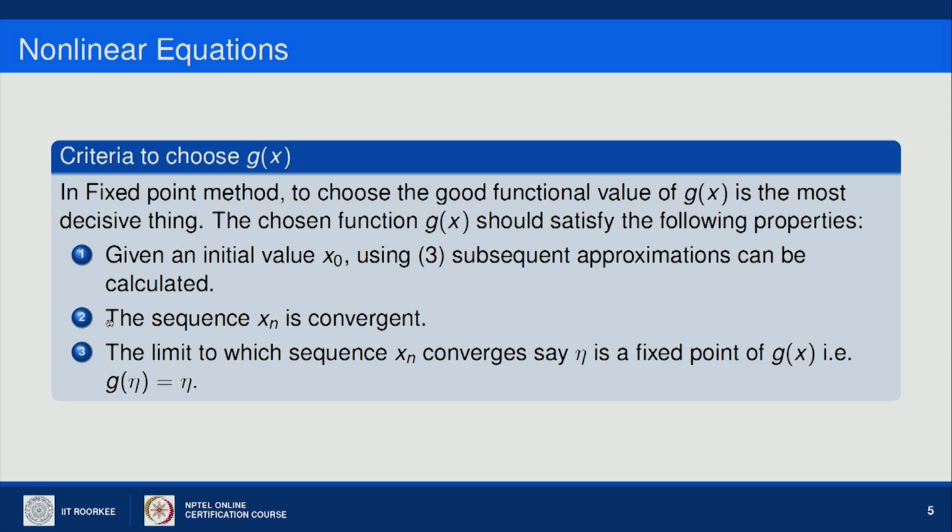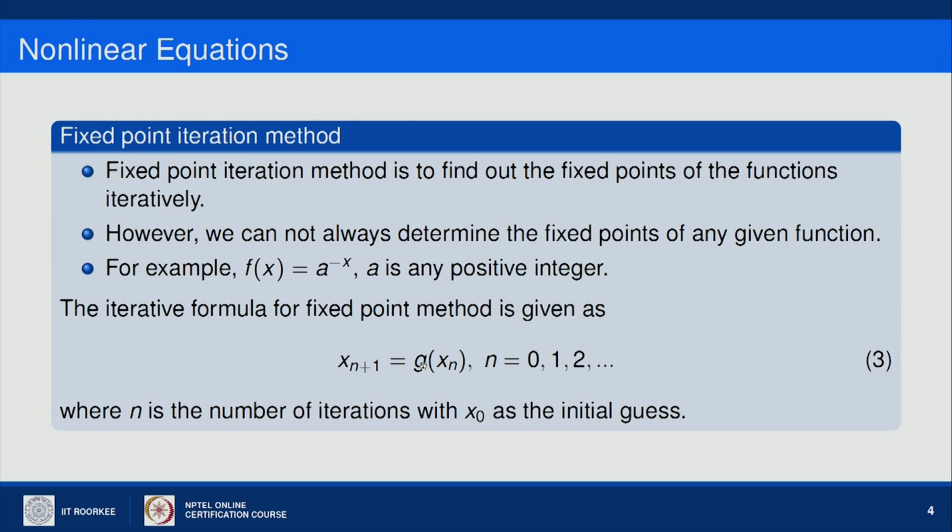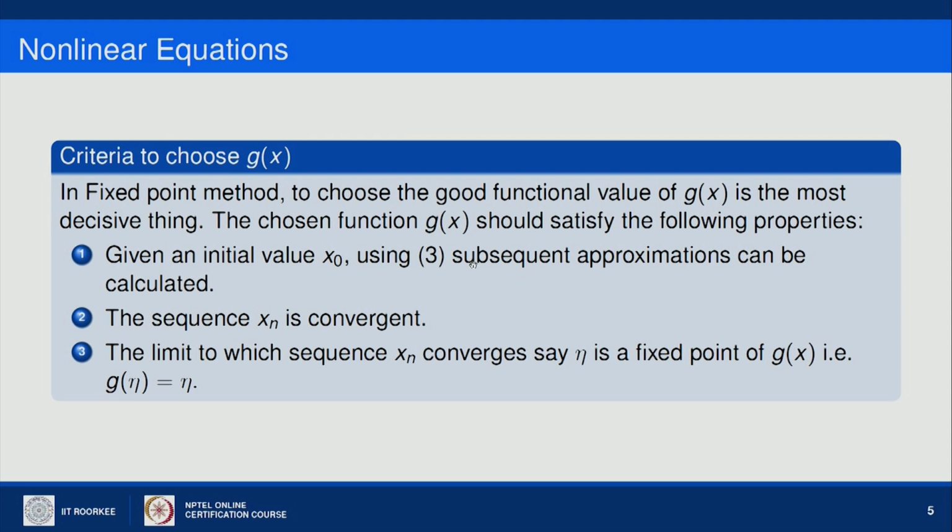The second criterion for choosing g is that the sequence x n is convergent using that particular g, and the third one is that the limit to which the sequence x n converges, let us say eta, should be a fixed point of g of x, that is g of eta equals eta. Now, if we talk about the first point, given an initial value of x naught using this method, we should be able to find subsequent approximations x n.